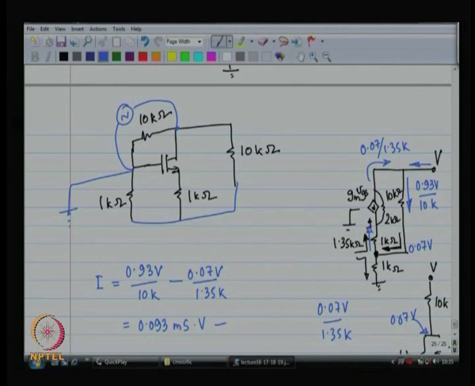And the other one is probably going to be something like this. So, you are basically going to see a large resistance over there.